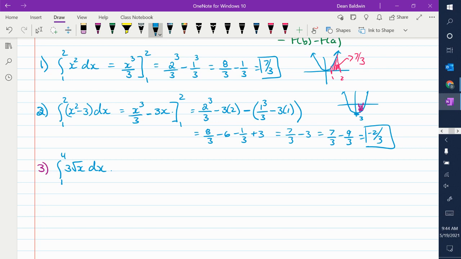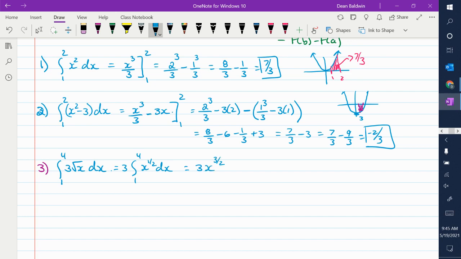What do I have to do with the square root first? Turn it into an exponent. And the 3, you can just kind of ignore. You can pull it out if you want. So this would be the same as the integral from 1 to 4 of x to the 1/2 dx. Just going to give you 3x to the 3/2.